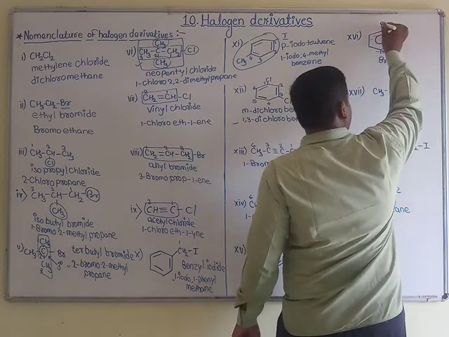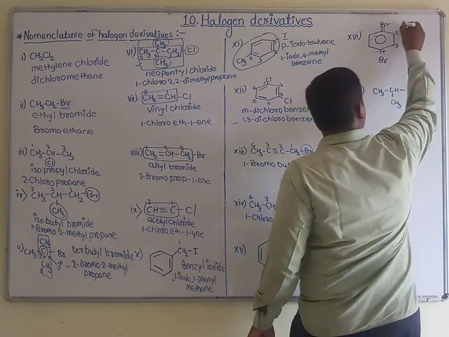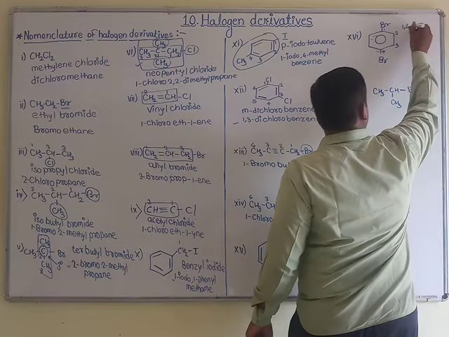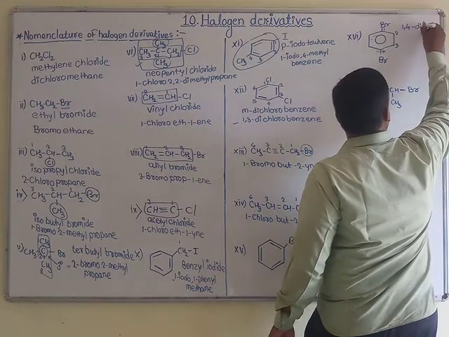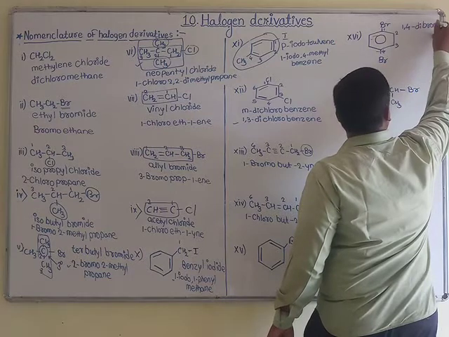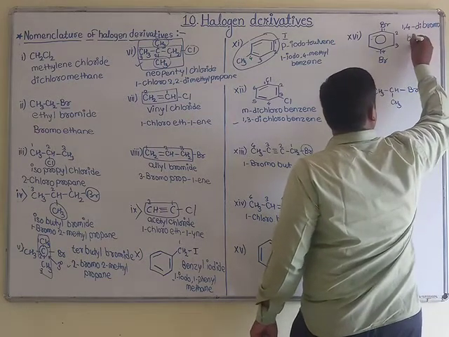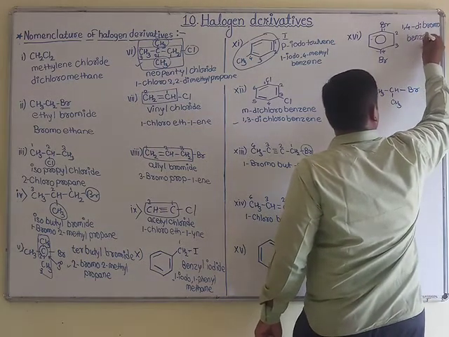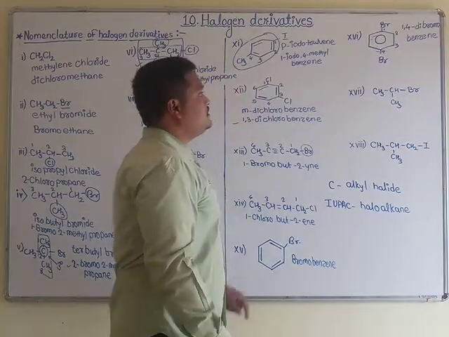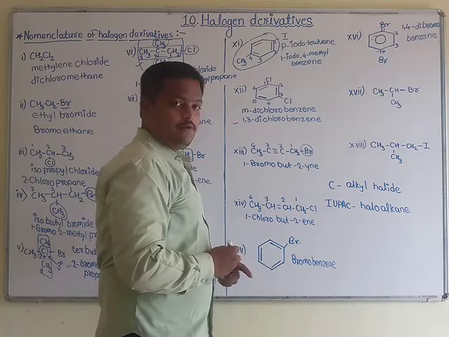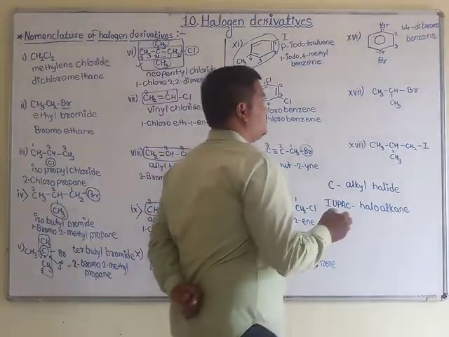Yes, two bromines are present and the positions of the bromines are 1,4, so di-bromo benzene. Okay, so its name is 1,4-dibromobenzene.